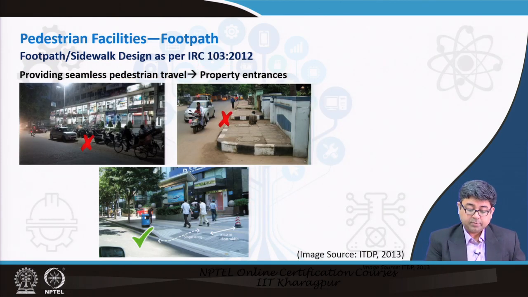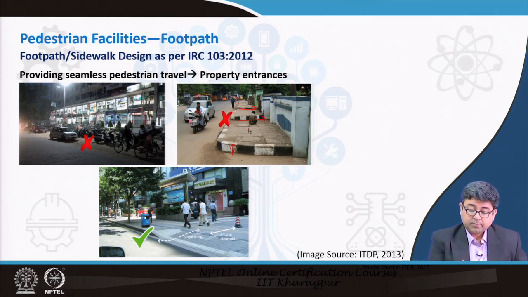So, here is an example like I was talking about earlier in one of the pictures. Not only is the height of this footpath not as per design, but also several property entrances are along the way, and every time there is a discontinuous sidewalk.